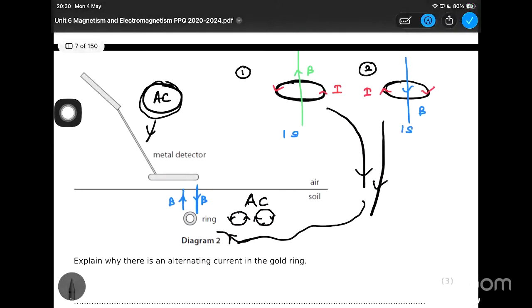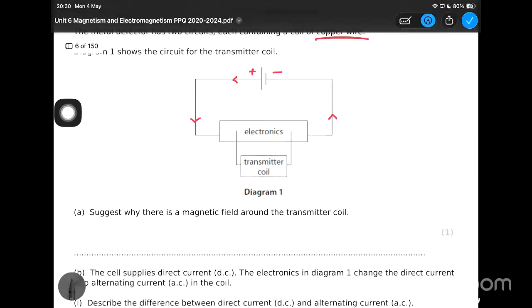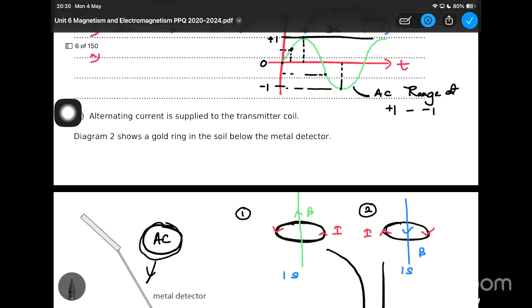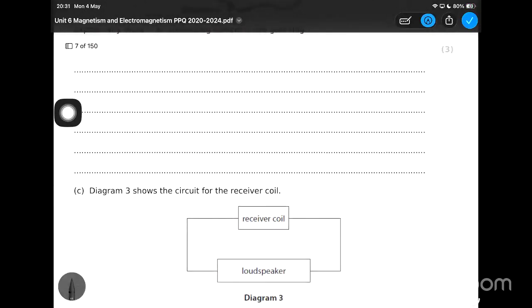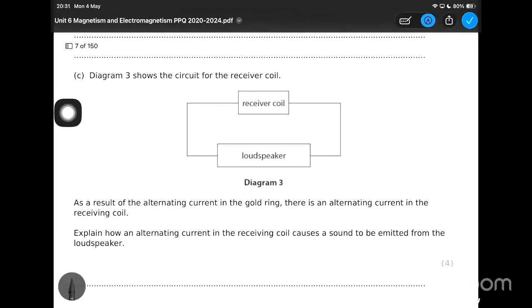So actually this part is good. The previous questions are some easy stuff, but the last one is a good question where you need to think a little bit. And part C: diagram 3 shows the circuit for the receiver coil, and there's a loudspeaker.